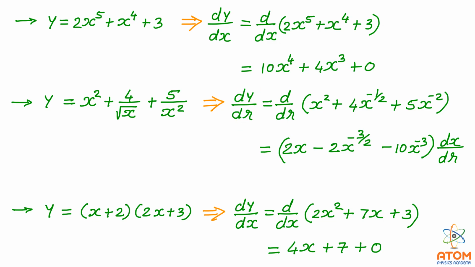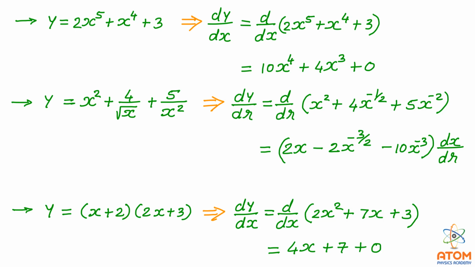So it is dy by dr is equal to d by dr of this equation, x square plus 4 x raised to minus 1 by 2 plus 5 x raised to minus 2. Mind well, here this is root x given in the denominator, so I have written x raised to minus 1 by 2 in the numerator. Here this is x square in the denominator, I have written x raised to minus 2 in the numerator.